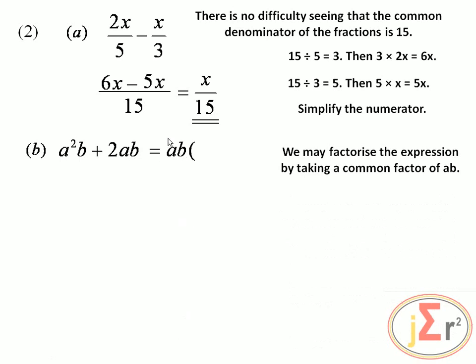We divide the common factor into each one of these. So ab into a squared b, the a will cancel one of the a's and a will be left, and the b's will cancel completely. Also, ab will cancel completely with ab right here, and we have 2.